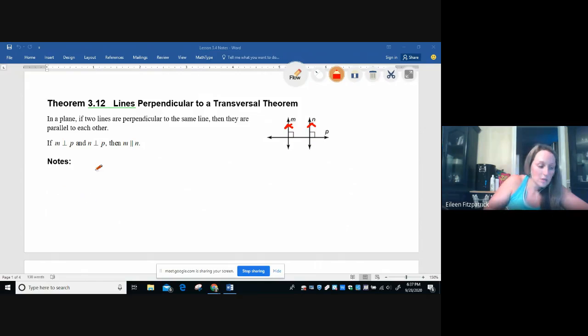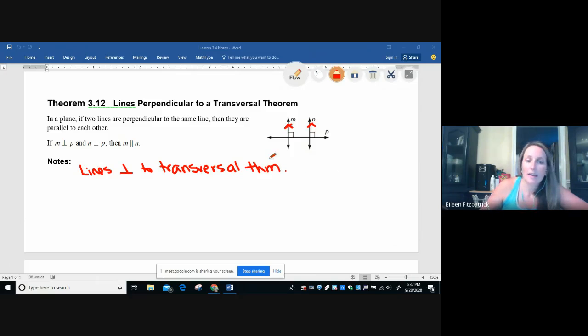However, you could use this theorem as well, and we would just write lines perpendicular to transversal theorem. So there's really no shorthand for it so much, just a few abbreviations. Again, I know for sure I've never used this theorem in a proof.